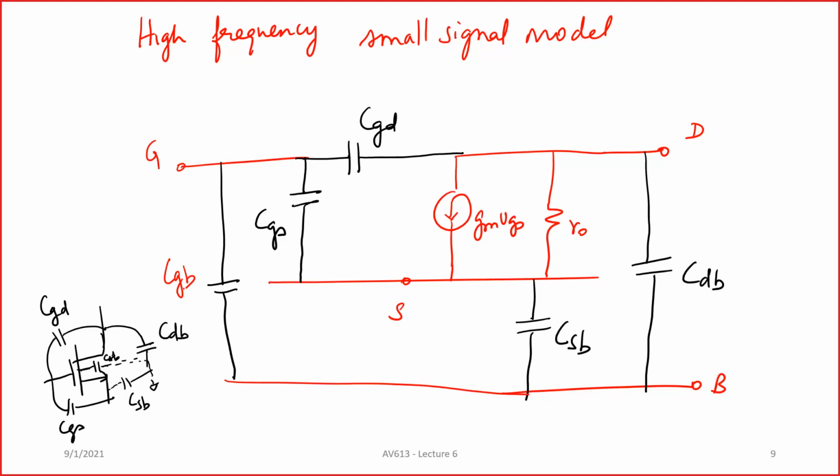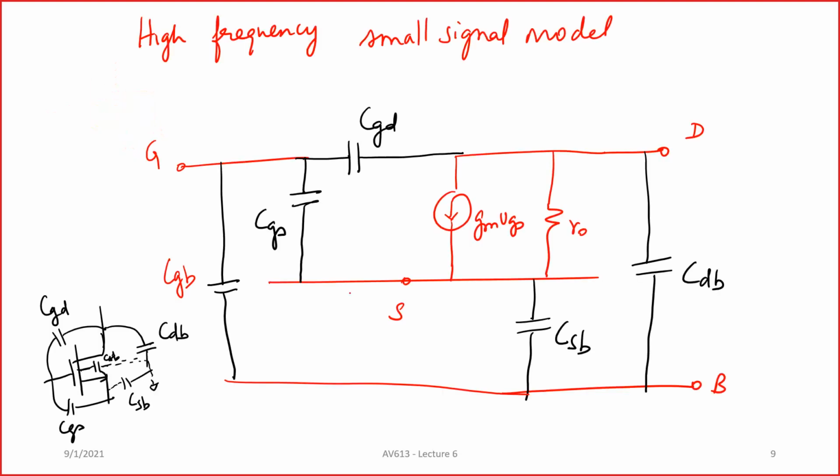But then what happens in some cases, as I mentioned, when you use a cascode, let's say you have two transistors like this. Before I go there, let me take this example. Let's say I have a scenario where my bulk is connected to ground and my source is also connected to ground. Now what happens to my high frequency small signal model?